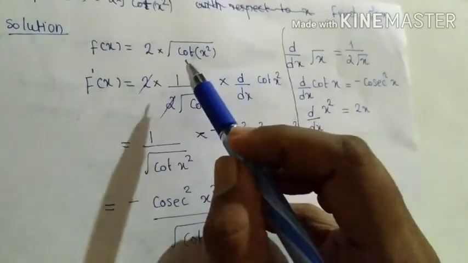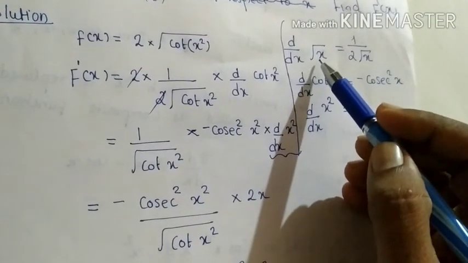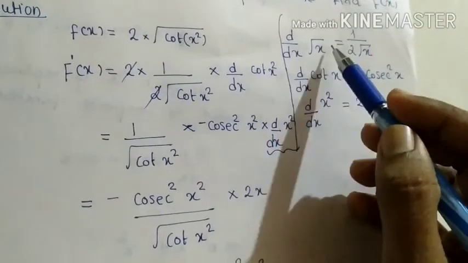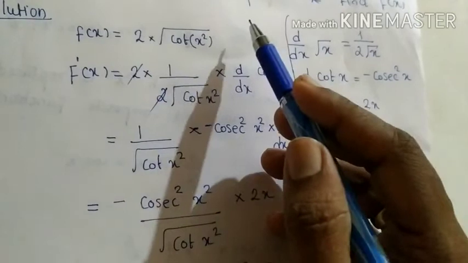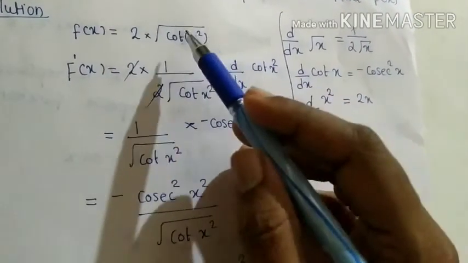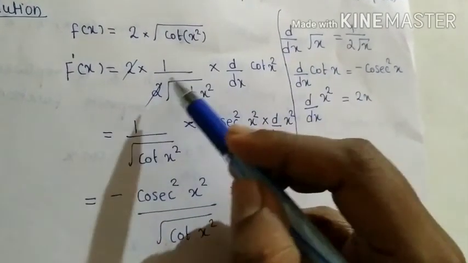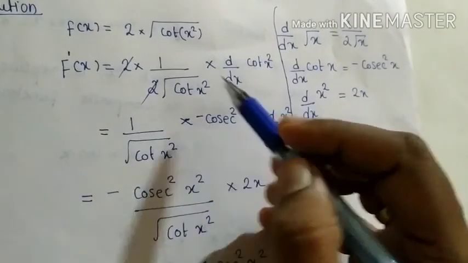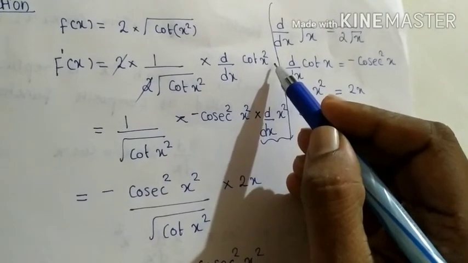So first we are using the derivative of root x. Here root of cot x square, we need to find the derivative of root of cot x square, which will be equal to 1 by 2 root of cot x square. And don't forget to write the derivative of next function cot x square.